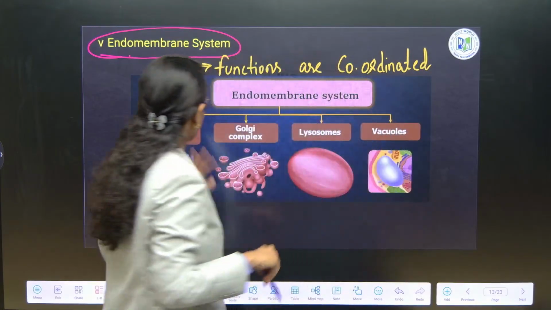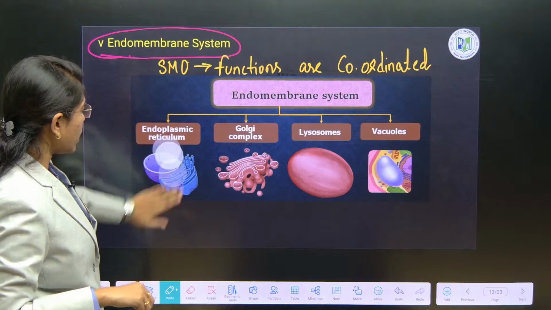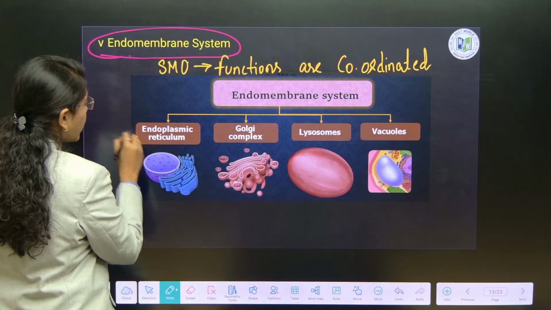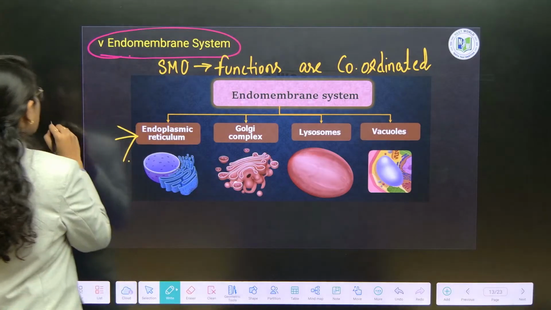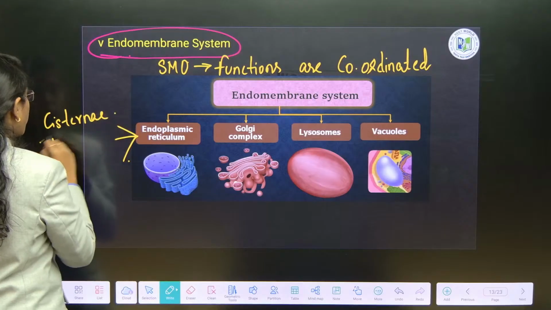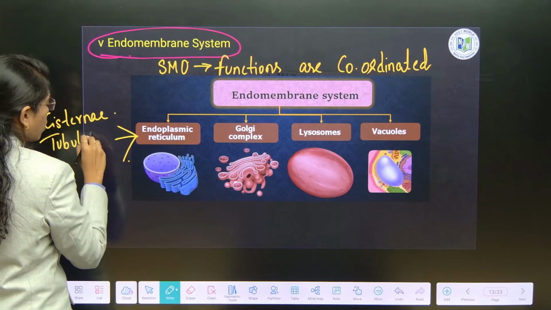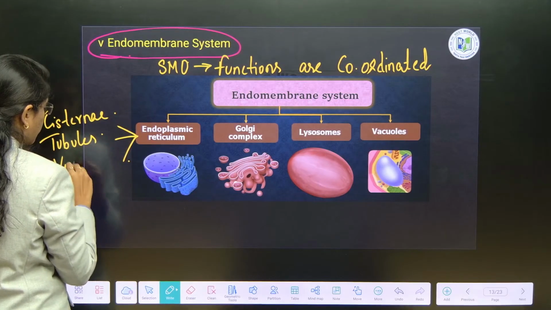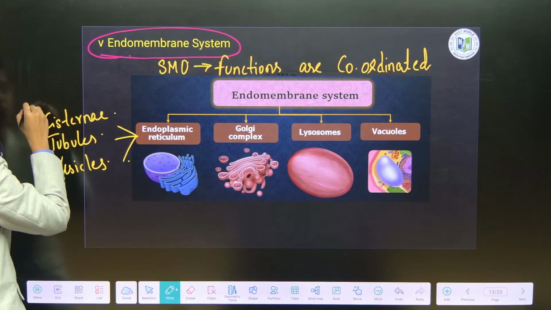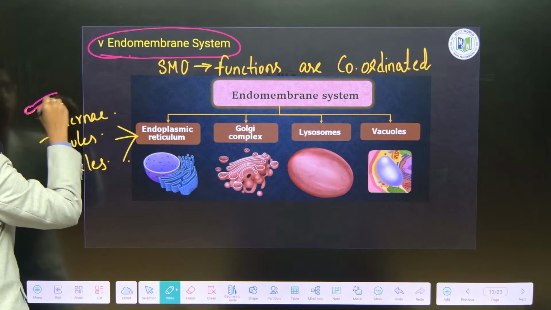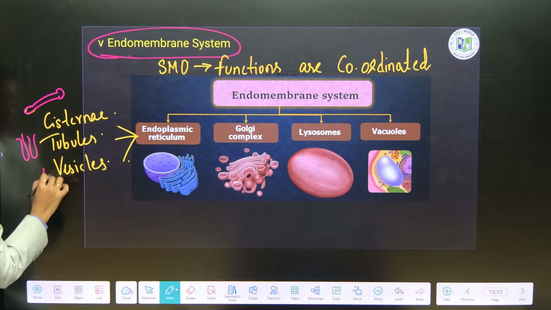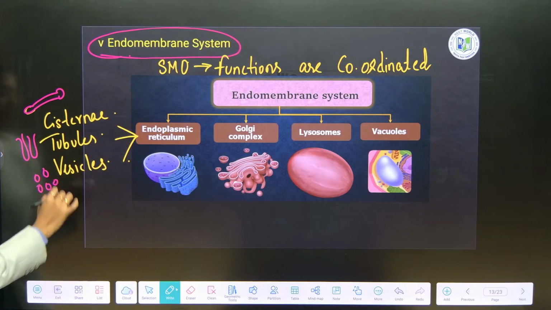Fine, right? So first you see endoplasmic reticulum. Endoplasmic reticulum can be in the form of cisternae, or tubules, or vesicles. These are cisternae, these are tubules, and these will be vesicles.